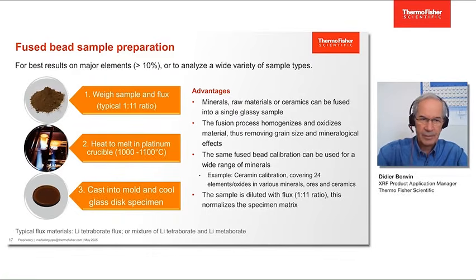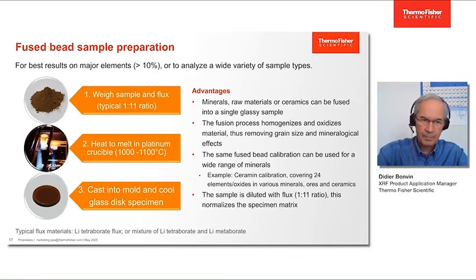And by doing this transformation from a mineral into glass, we are going to get some advantages in terms of homogeneity of the matrix, in terms of no problems with the grain size, so no grain size effects.